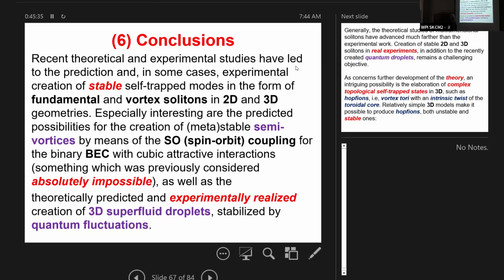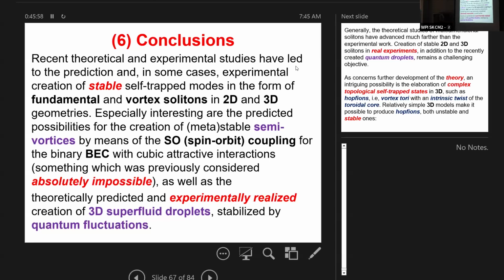They tend to be unstable in the natural models such as the nonlinear Schrodinger equation with the cubic self-attraction, and they are unstable because of the possibility of critical collapse in 2 dimensions and supercritical collapse in 3 dimensions. Then various possibilities were developed, chiefly theoretically, to stabilize such solitons.